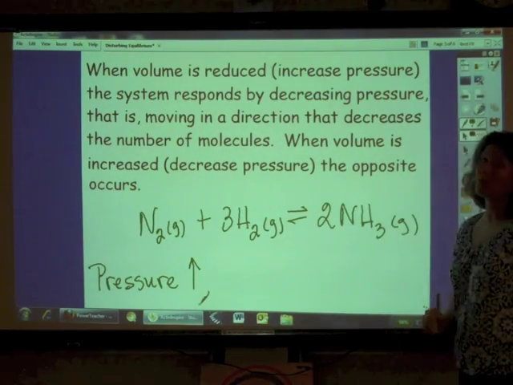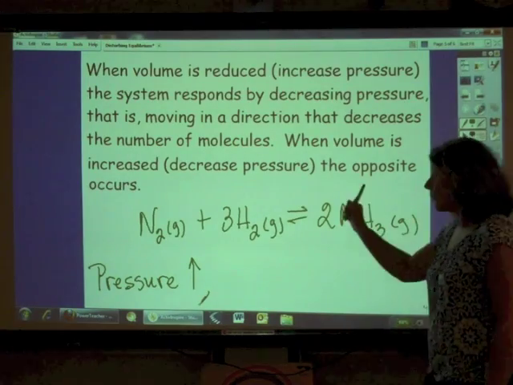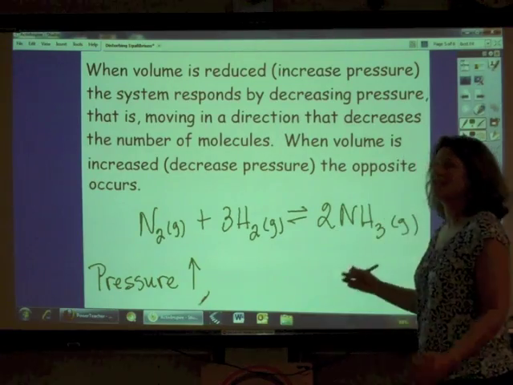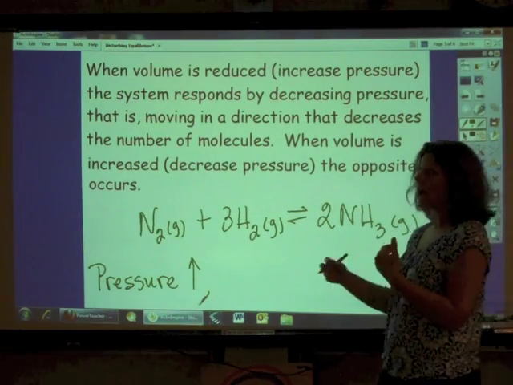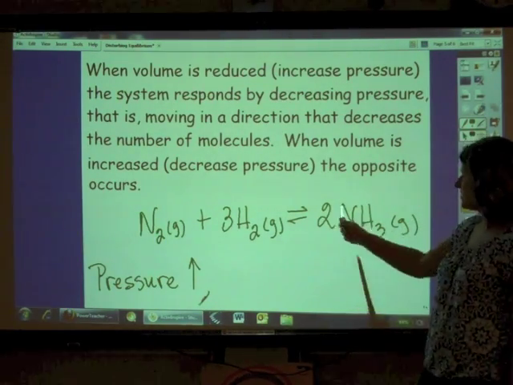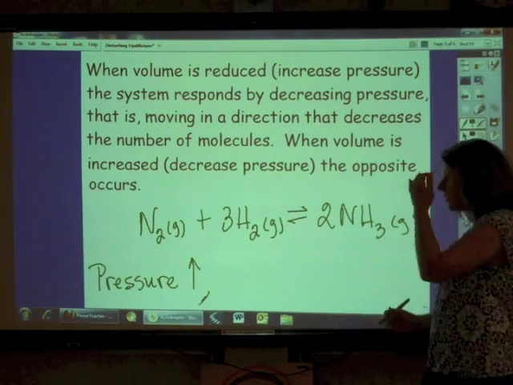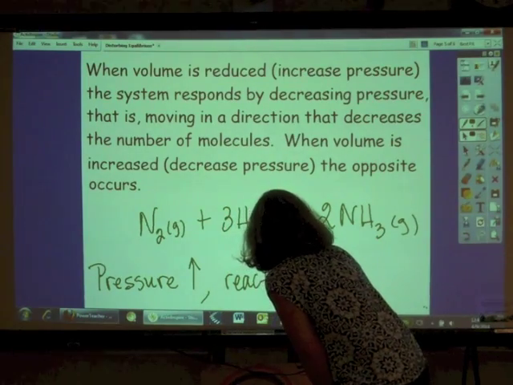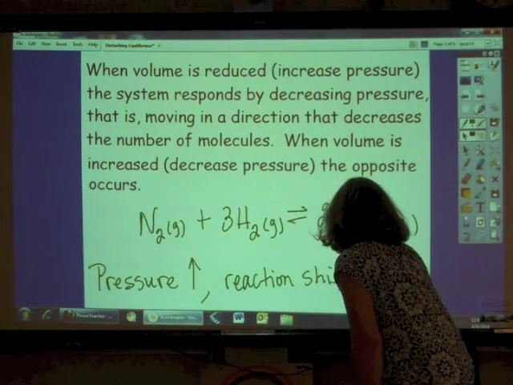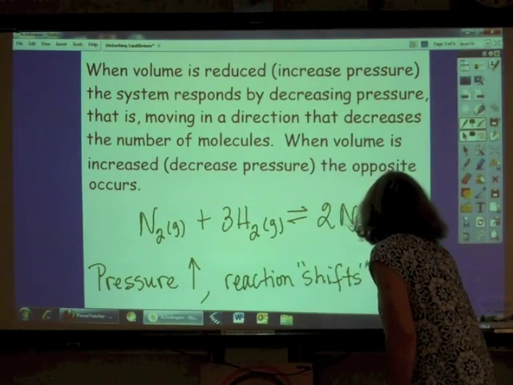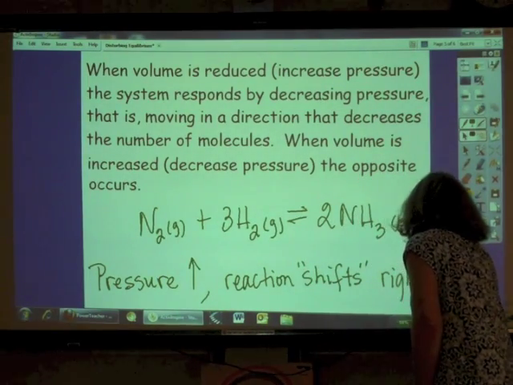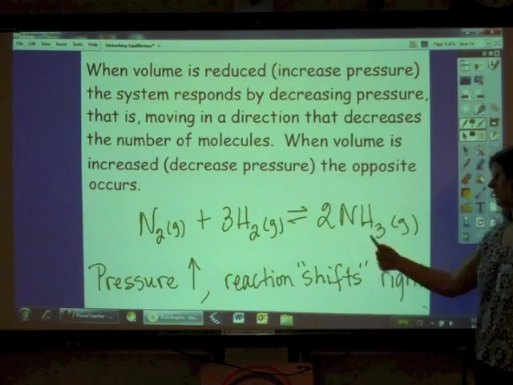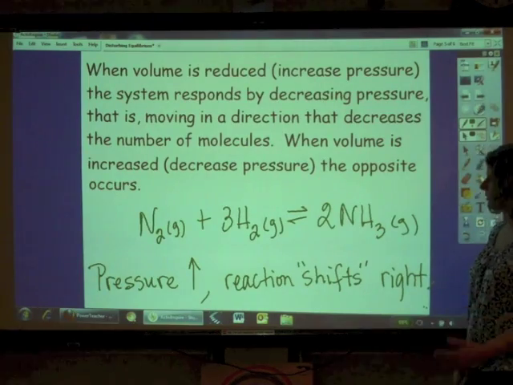That's going to be the right direction, towards the product. It's counteracting the disturbance. So the reaction shifts right to decrease its pressure, because there's less number of moles of gas or less molecules of gas.